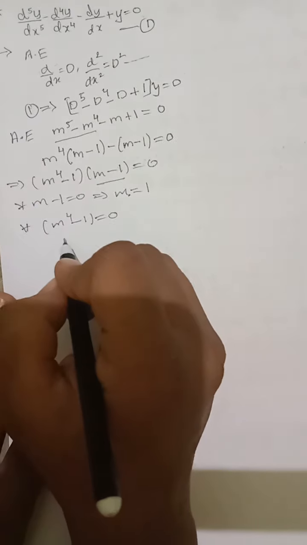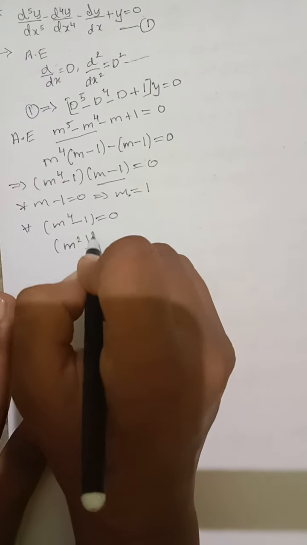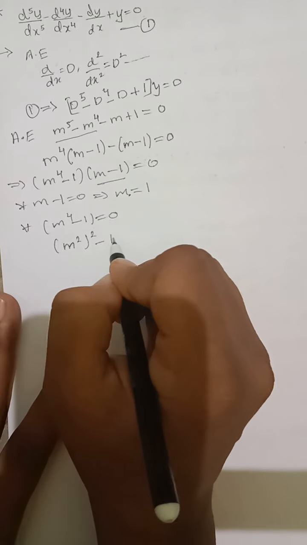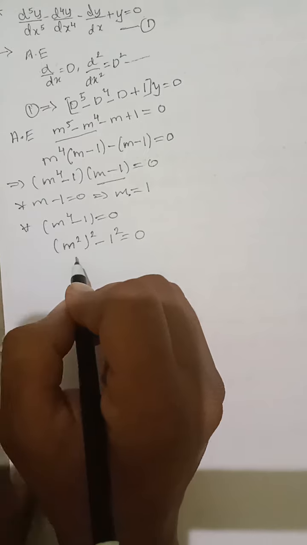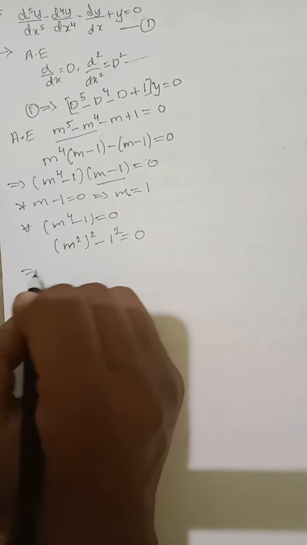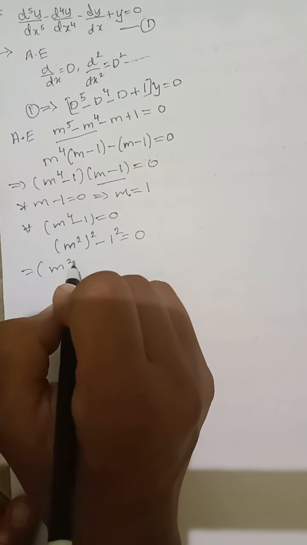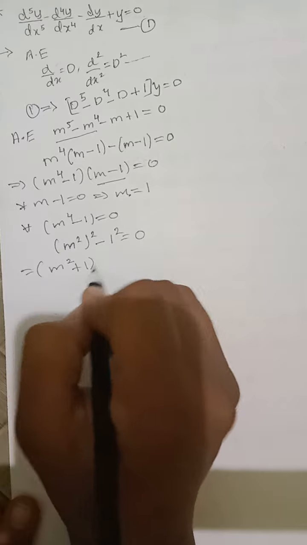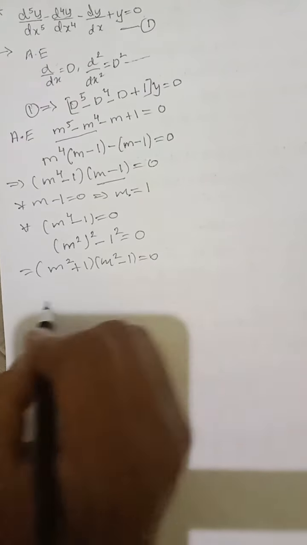This can be written as m square whole square minus 1 square equals 0. This is a square minus b square, which can be written as a plus b into a minus b. So I can write it as m square plus 1 into m square minus 1 equals 0.